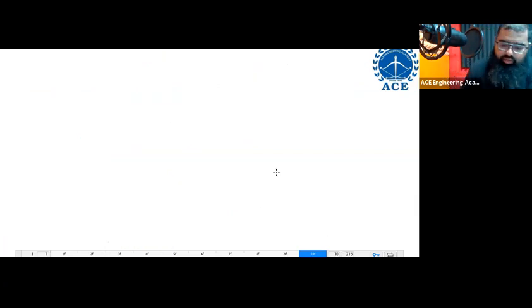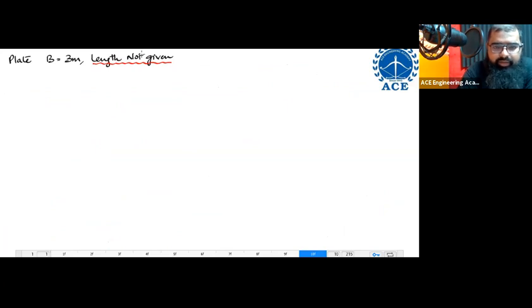Now imagine the question is like this. There is a plate, width b is equal to 3 meters, length not given. This is important. Whenever questions like this come, length is not given. A plate is there, width is equal to 3 meters, length is not given in the question. It won't say explicitly that length is not given; you have to read the question and understand that length is not given over there.